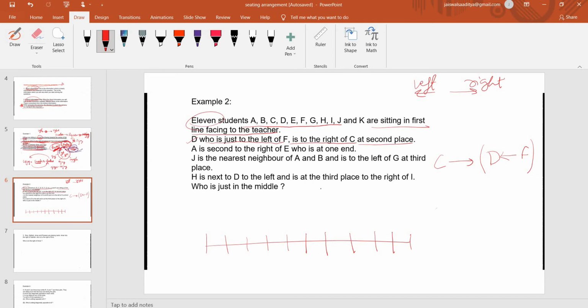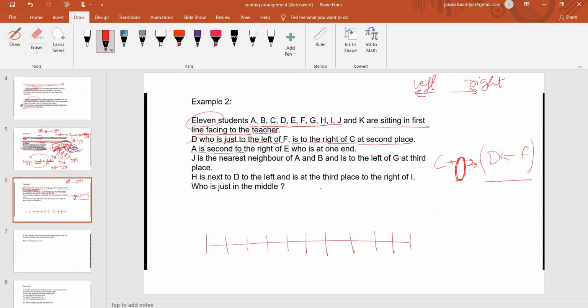It means see here it's written at the second place, which means C is there. In between C and DF, one more element is there. So one more element is also there in between C and DF.